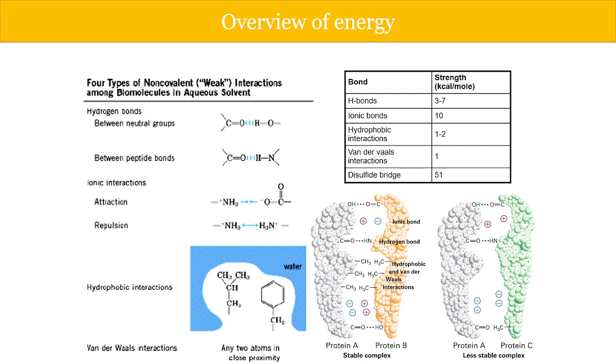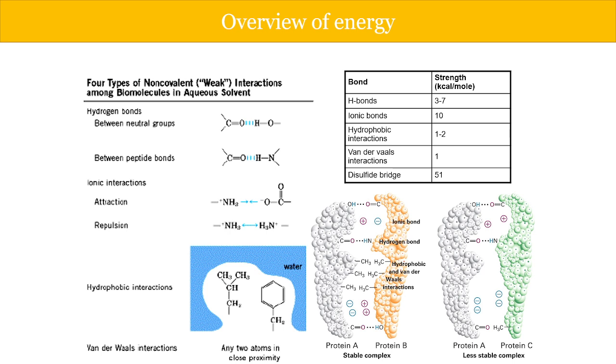Let us assume that in the first case, there are 100 bonds forming between A and B, and 50 bonds forming between A and C. Then we can tell that 100 bonds between A and B means more stable, and 50 bonds between A and C means less stable.